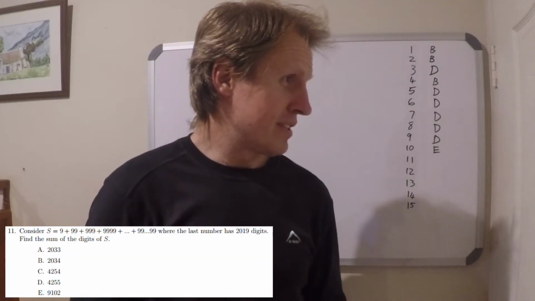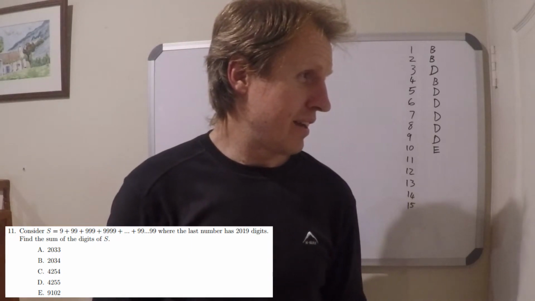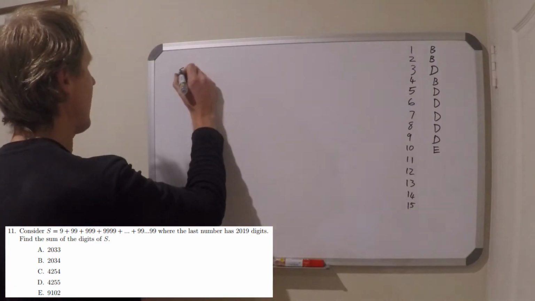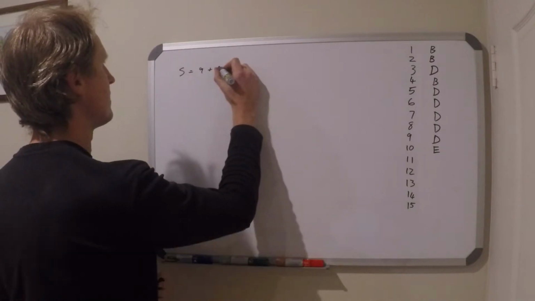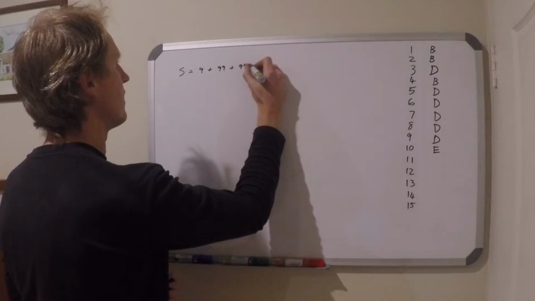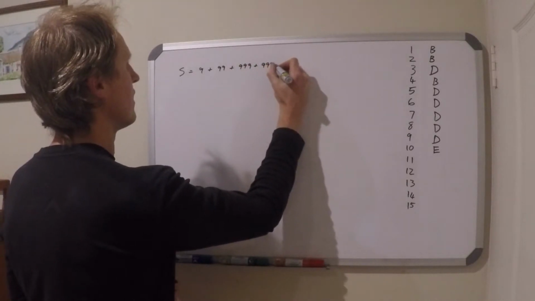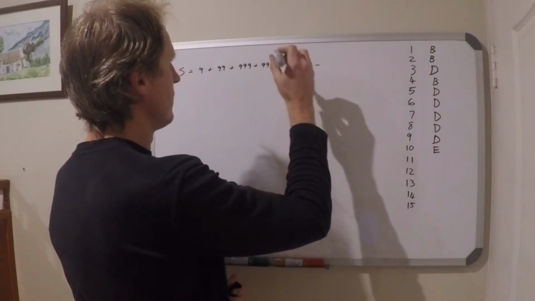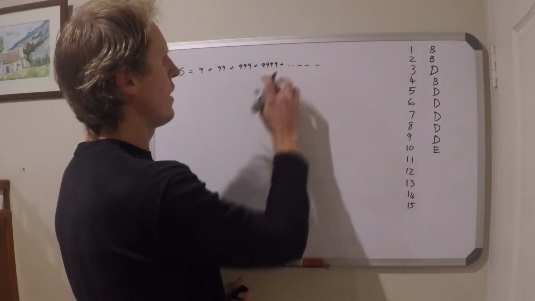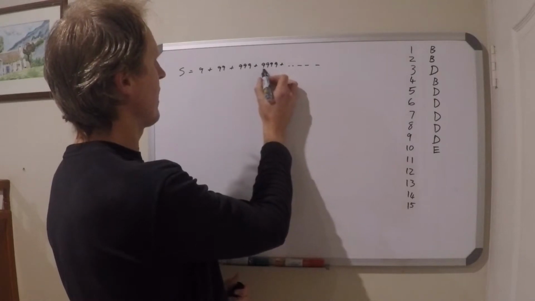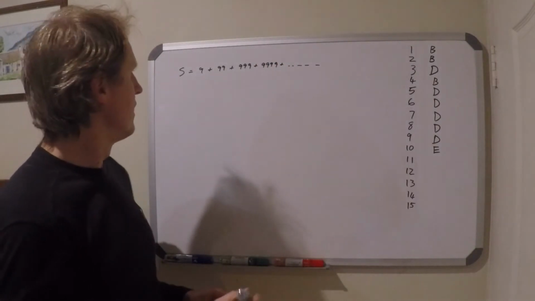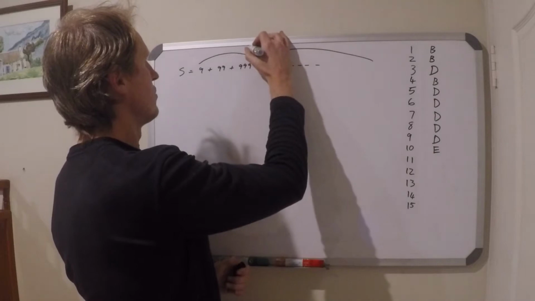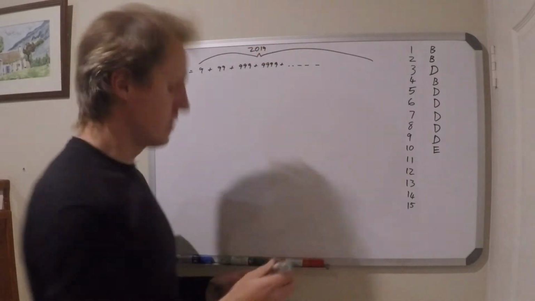Consider S equals 9 plus 99 plus 999 plus 9999, etc., and we're going to stop at the number that's got 2019 nines, which also means that there are 2019 terms to this sum.